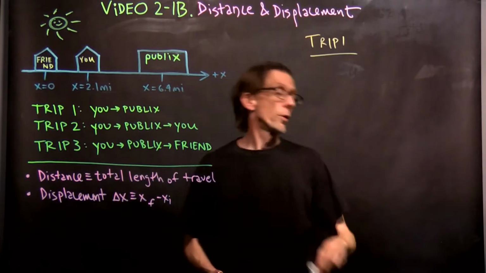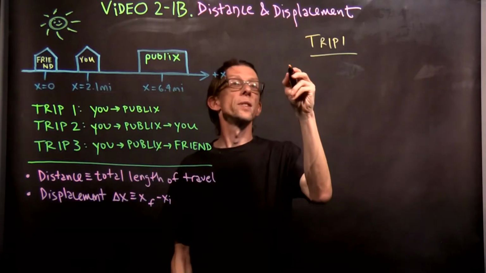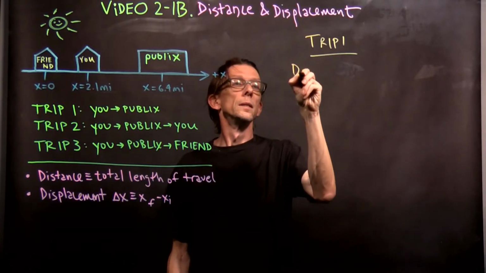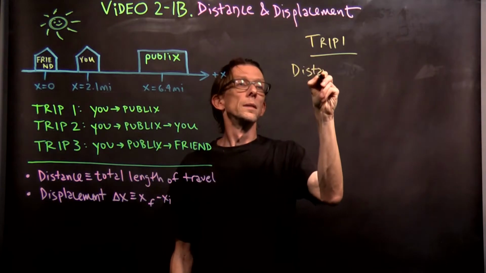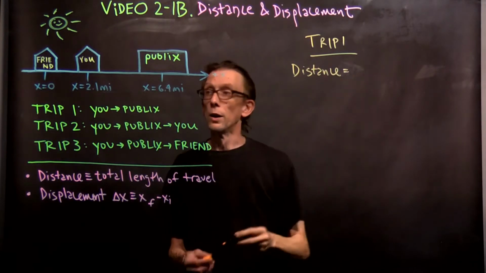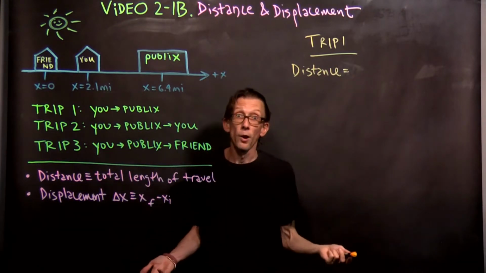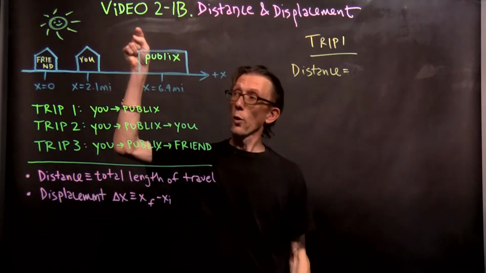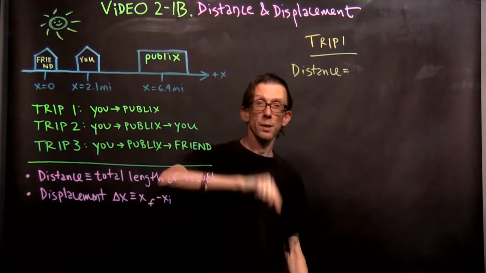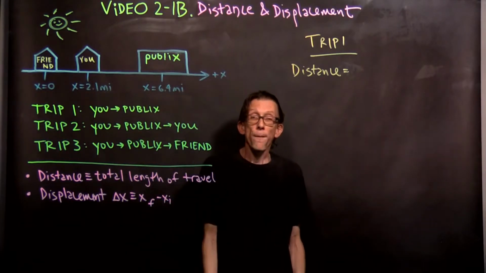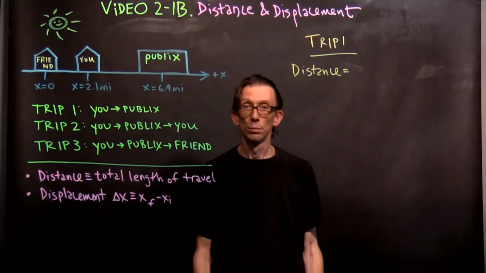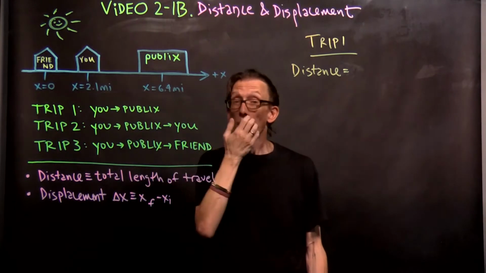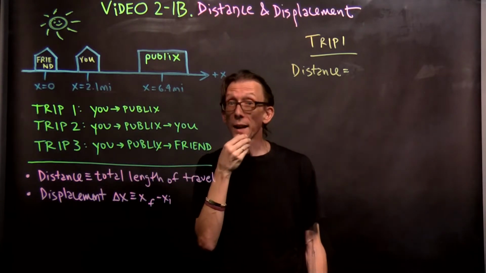I want to use all the room I can on the right side of the board. So distance. Well, how far did you go, right? In trip 1, you're simply getting in your car and going from your house to Publix. How far did you travel?